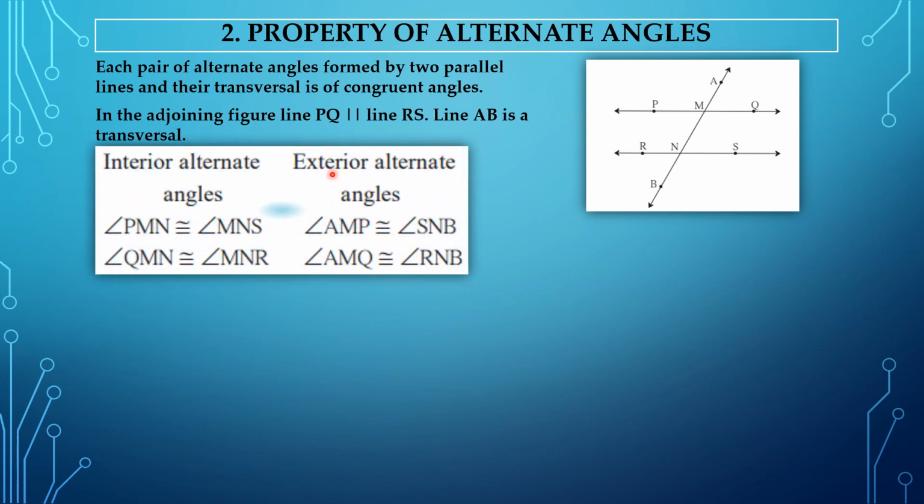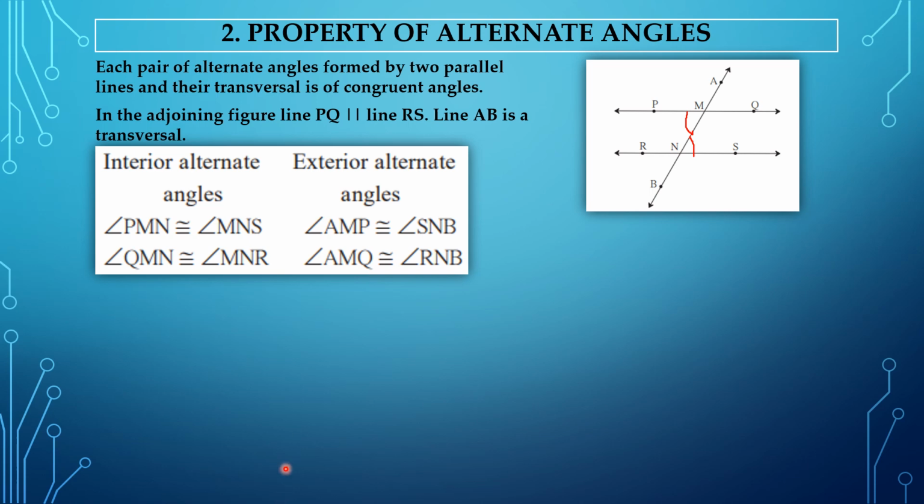So in interior alternate angles, angle PMN is congruent to angle MNS, meaning whatever the measurement of angle PMN is, that is the measurement of angle MNS, because both these angles are interior alternate angles, this and this. So they will have the same measurement.